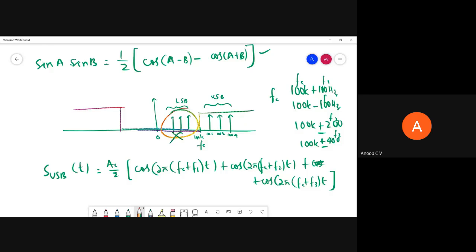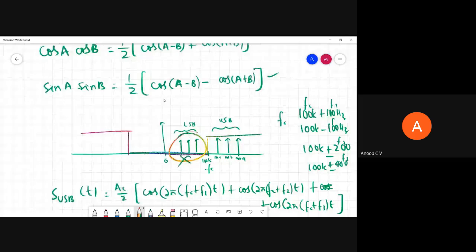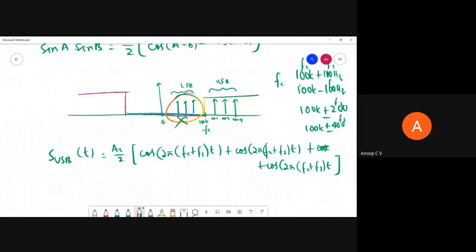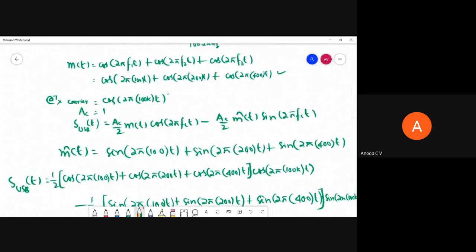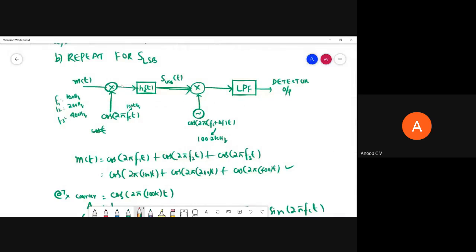All will be cosines. Why? Because even if it is sin A sin B or cos A cos B, we have only cosines, right? So you will get cosines with FC plus or minus F1, FC plus or minus F2, FC plus or minus F3. After we get that, if you see the block diagram, we pass it through a filter which will allow only the upper sideband.